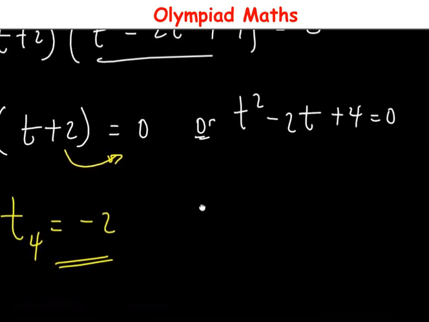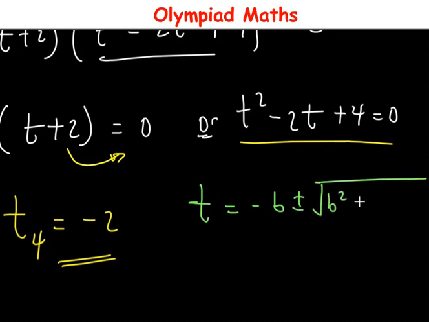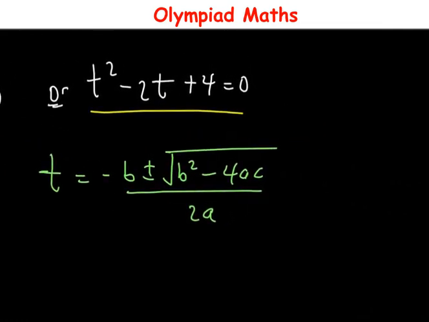Now, for this other equation, in which we have a quadratic equation, let us solve for the value of t. To solve for the value of t, we are going to make use of the quadratic formula, which is given by t is equal to minus b plus or minus square root of b squared minus 4ac, all over 2a. In this case, the value of a is the coefficient of t squared, which is 1.